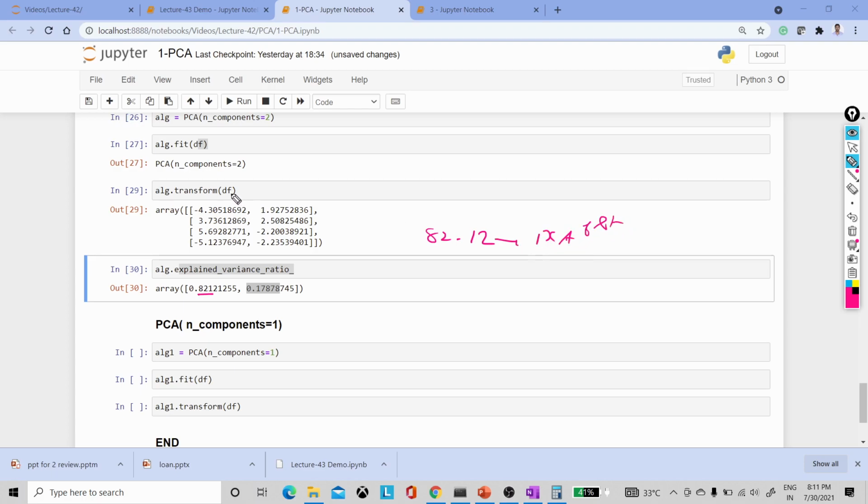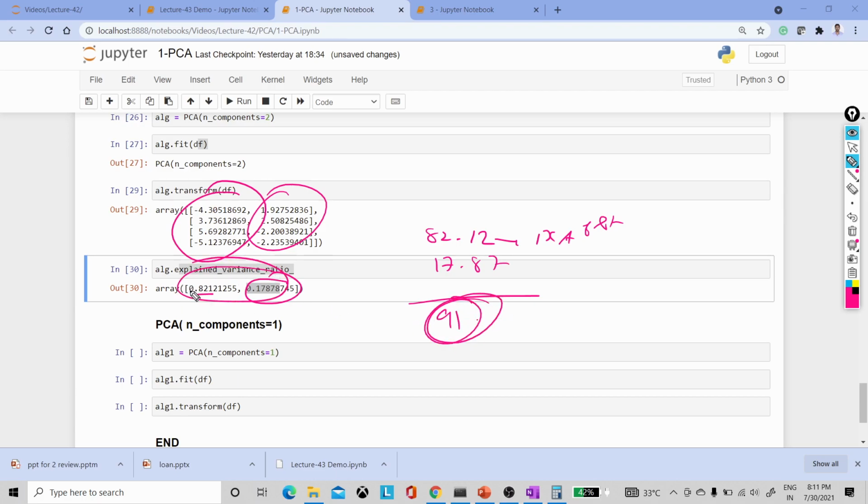First principal component means this one, and this value means explained by this factor, and this is 17.87, which means about 91% is explained by these two principal components.